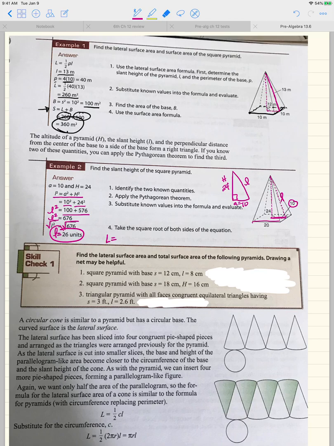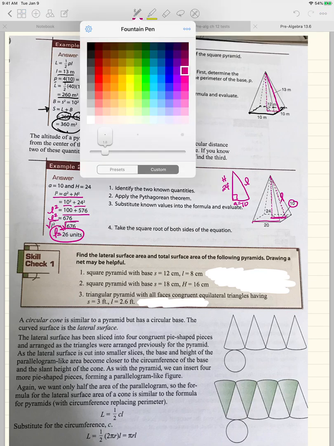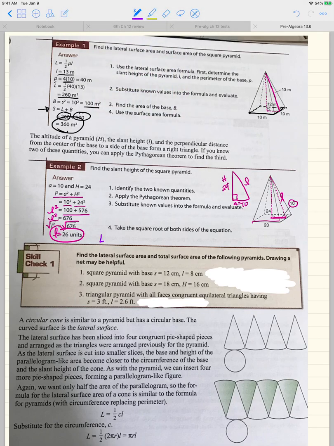Let me change colors so we don't get confused with what I did up above. Lateral surface area is 1/2 P times L. So what's the perimeter of a square base with 12 centimeters on each side?